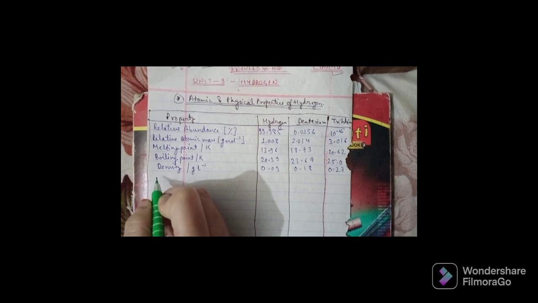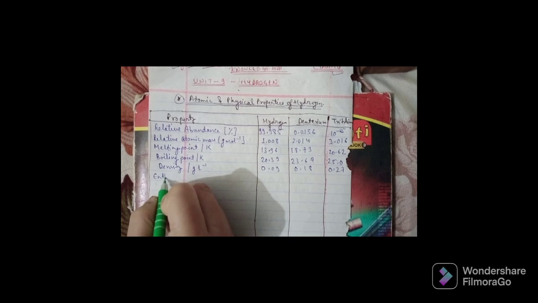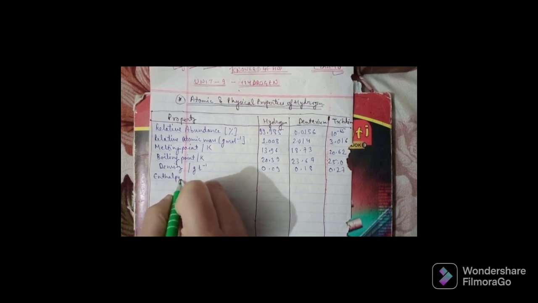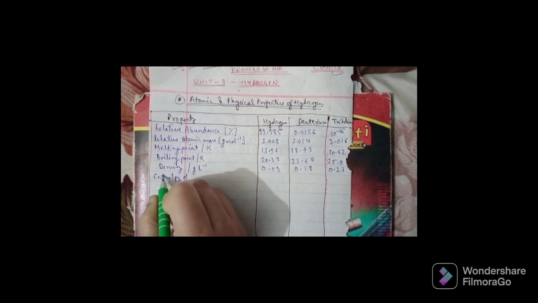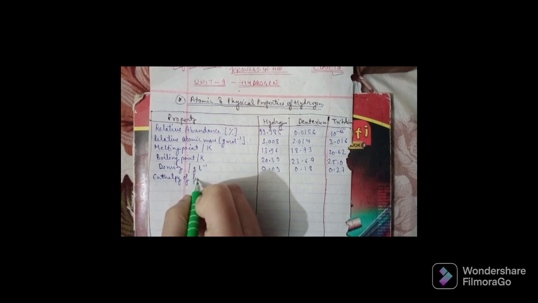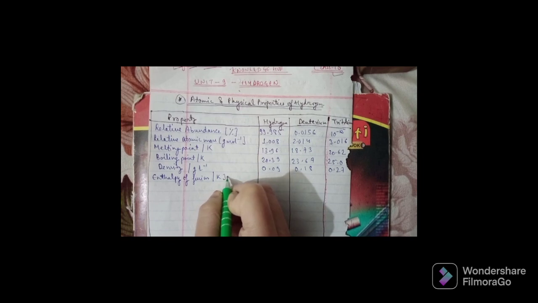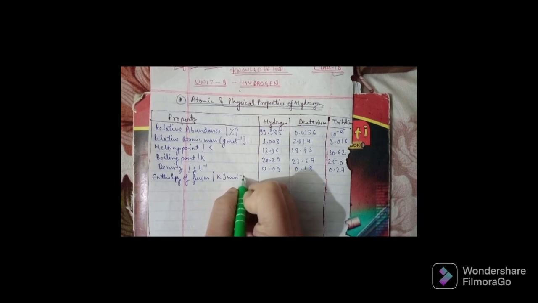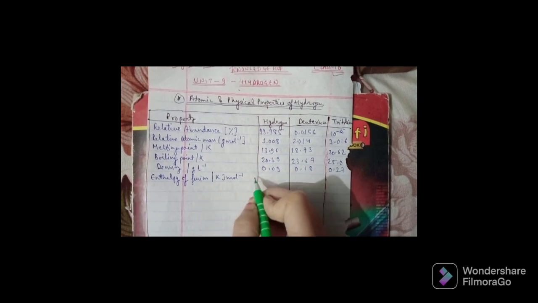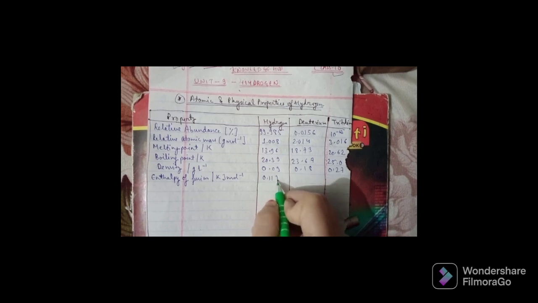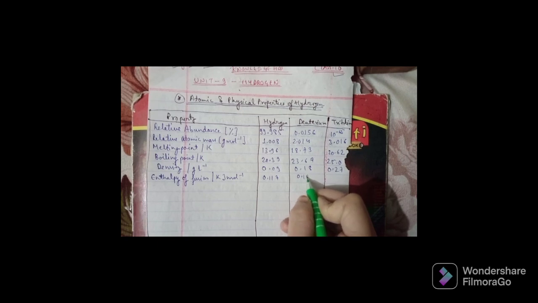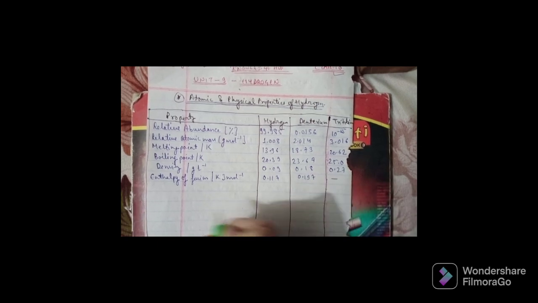Now another one is enthalpy of fusion, in kilojoule per mole, which is 0.117 and 0.197. So that has been done.